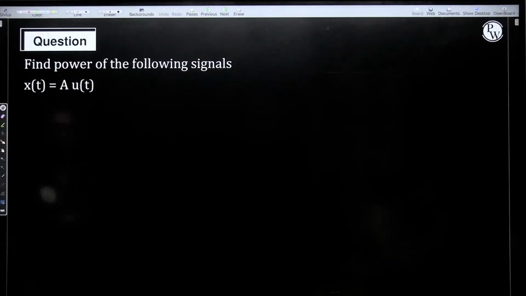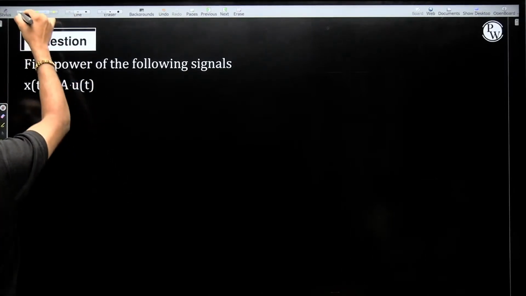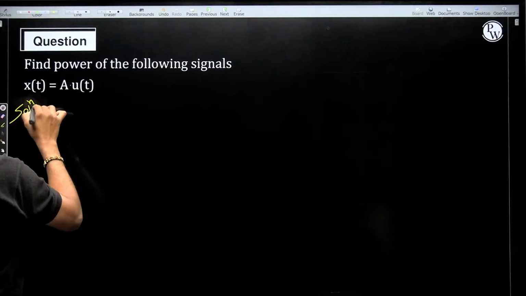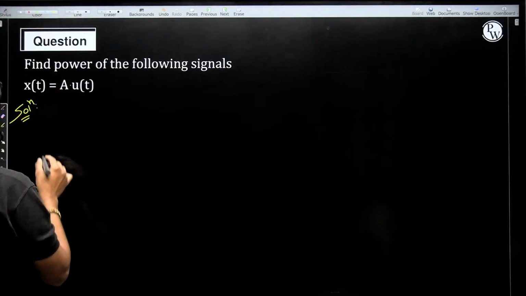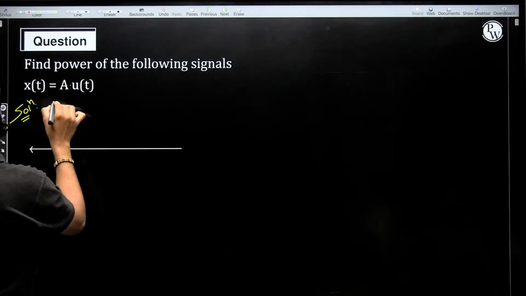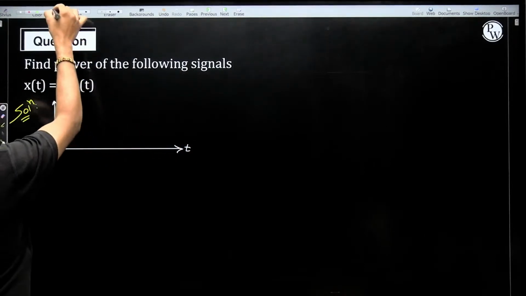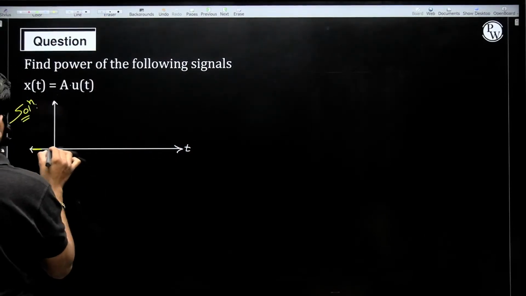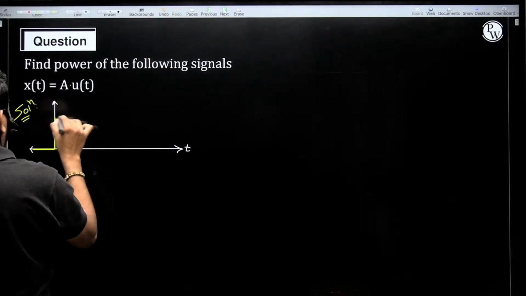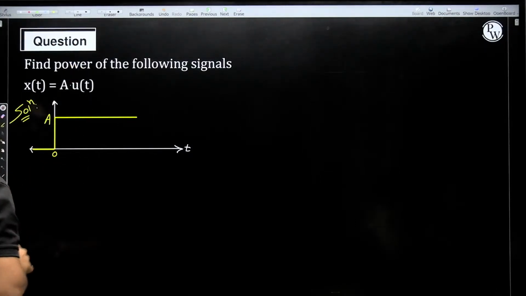Now let us calculate the power of A into U of t, a step function having amplitude A. Amplitude is A. Clear?